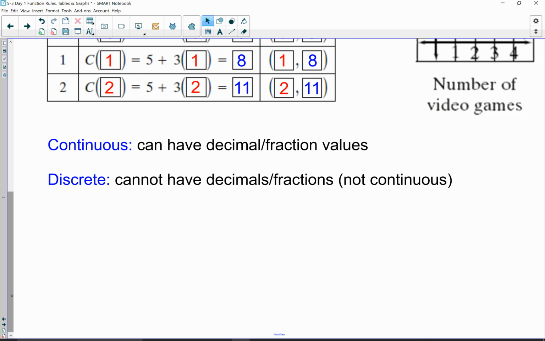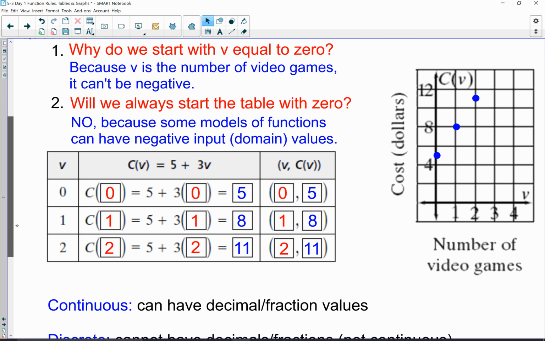So we have to think, this problem is all about video games, the number of video games that you're going to rent. We have to think to ourselves, is it possible to rent a fraction or a decimal of a video game? It's not. So this is an example of discrete. Okay?